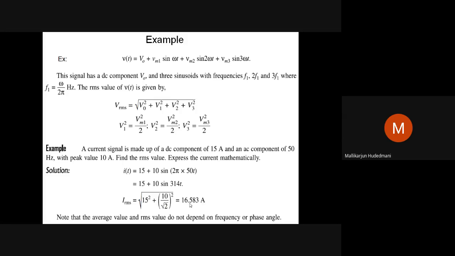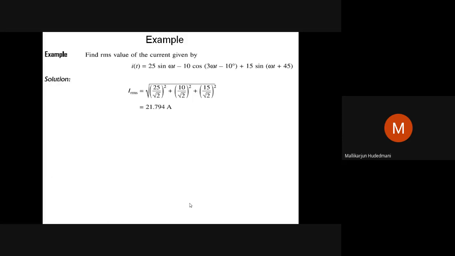Usually one question like this has come in previous examinations, hence I am taking one sample here. Now, find the RMS value of a current given by the equation: 25 sin omega t, plus 10 cos 3 omega t minus 10, plus 15 sin omega t plus 45. You can see here it is sinusoidal, it is a cosine, it is sinusoidal.